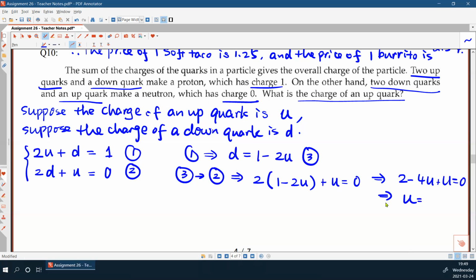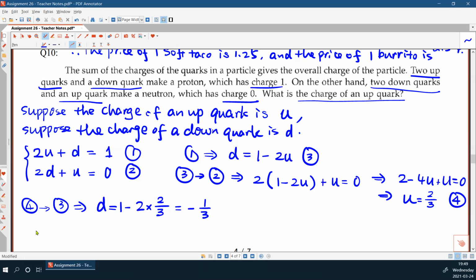U is 2 over 3, right? So let's call this 4. Then we can put 4 into 3. Then D is 1 minus 2 times 2 over 3, which is minus 1/3.